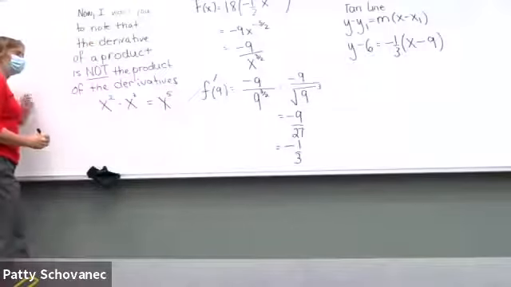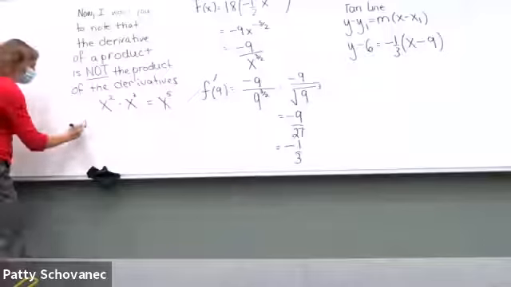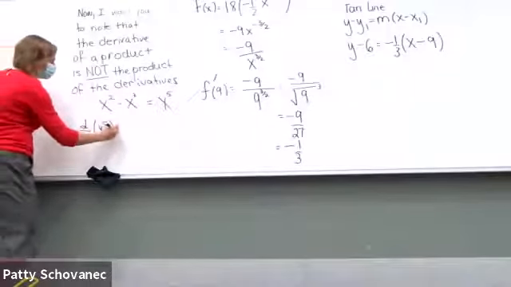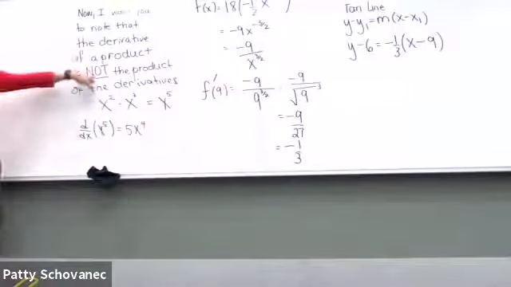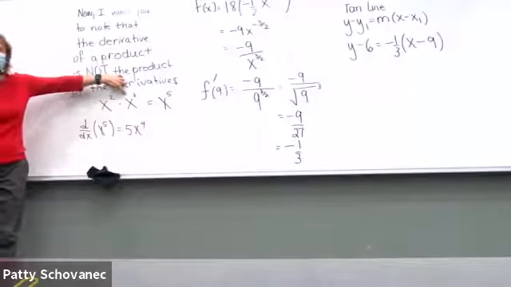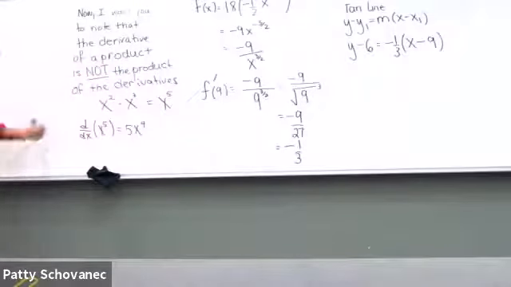So the derivative of x squared times x cubed should be the same as the derivative of x to the 5th. The derivative of x to the 5th is 5x to the 4th. But if we individually took the derivative of x squared and then multiplied it with the derivative of x cubed, we're not going to come anywhere close to the 5x to the 4th.